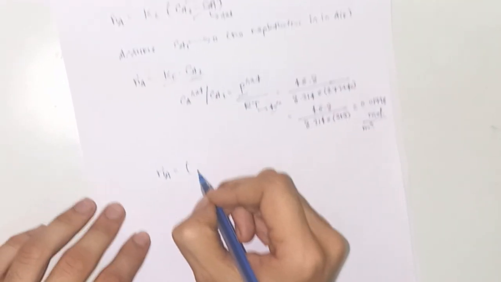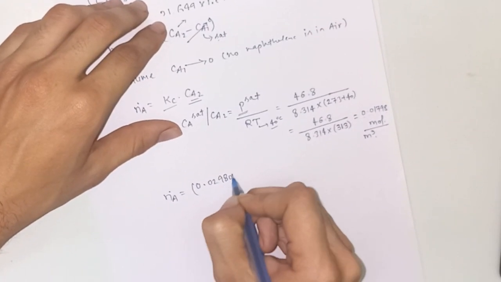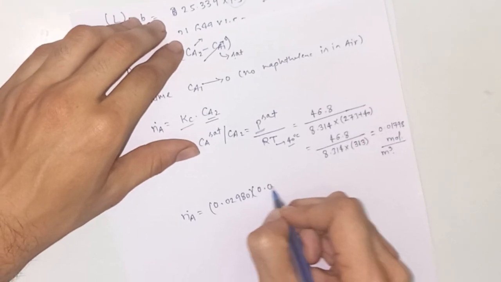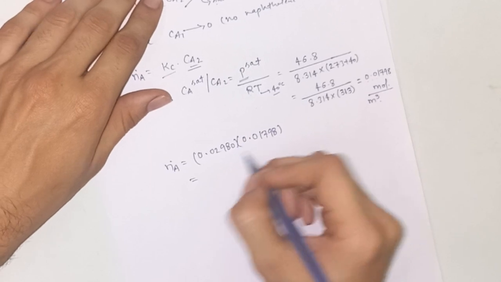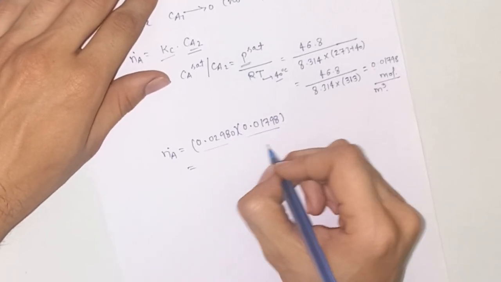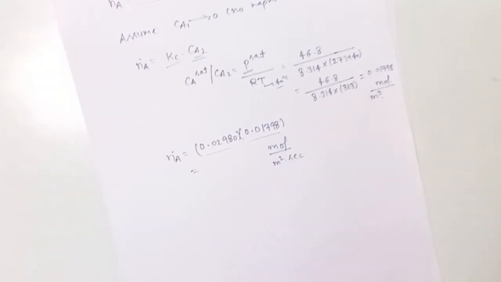Just by multiplying these two terms we can find the answer, and the answer would be in moles per meter square per second.